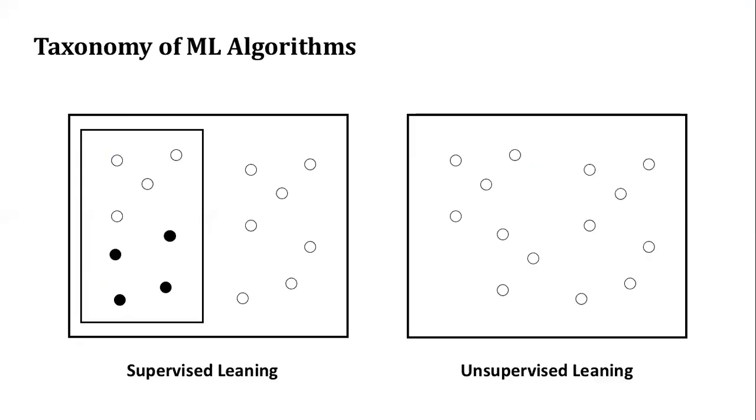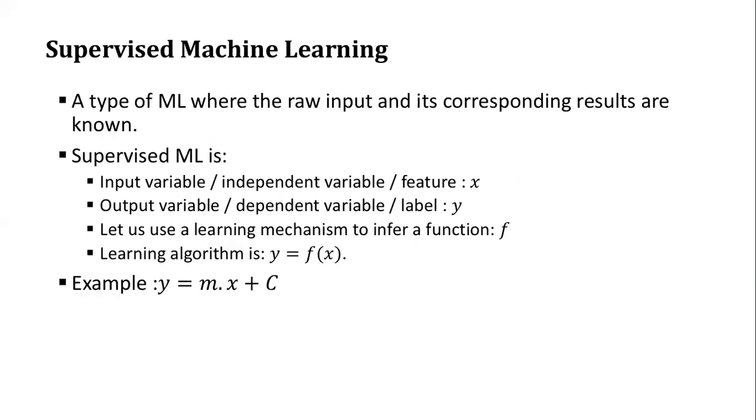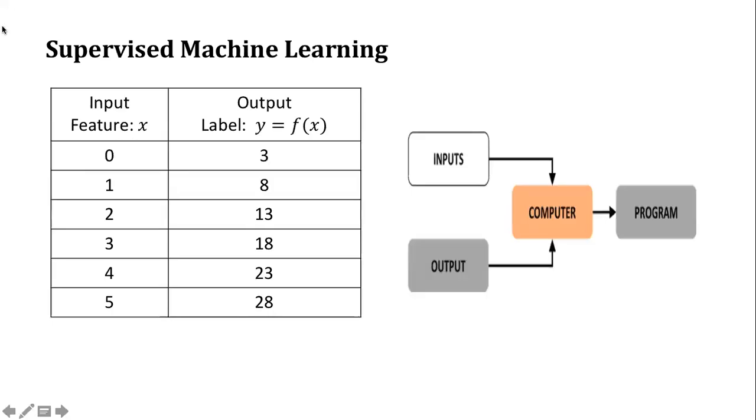Right. So what do we mean by supervised learning? Let me explain with this. It's a type of machine learning where raw input data corresponds to results that are known. That's a very simple thing. What I have explained is more than enough. Let's say we have input. We call it input data or input feature, or input variable, independent variable, whatever.